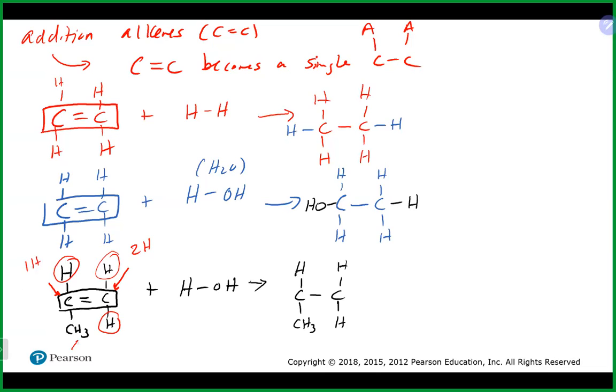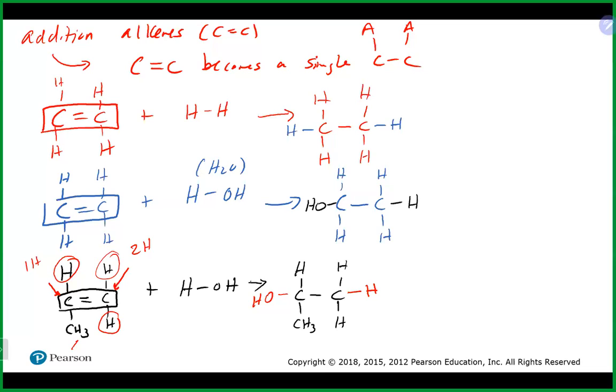Again, these hydrogens are not directly attached to the carbon in the double bond. They're attached to the other carbon that's sitting out there. So the proper major product would be putting the hydrogen over here on the right, and our OH group would end up on the other carbon.